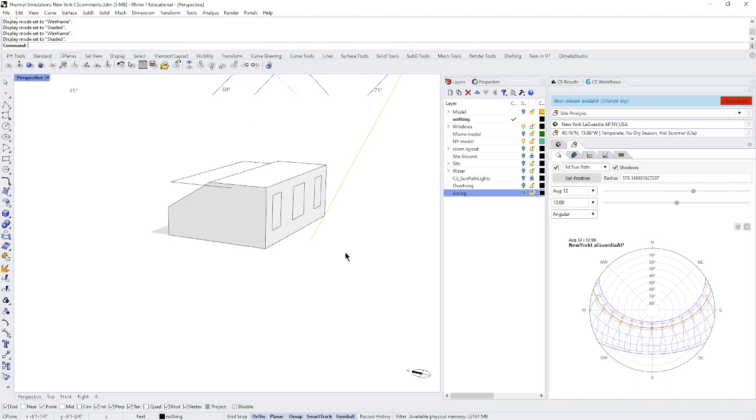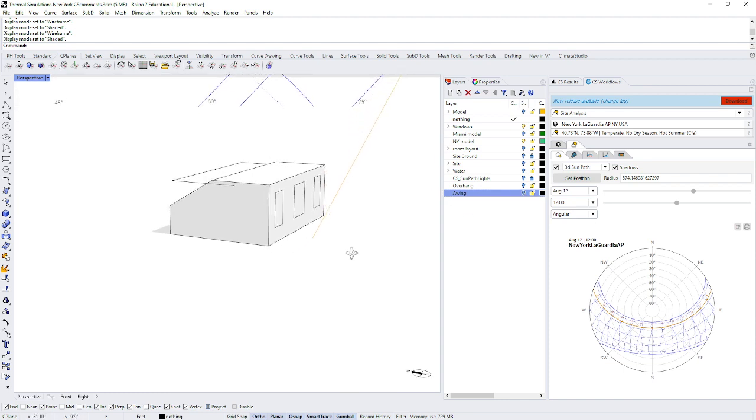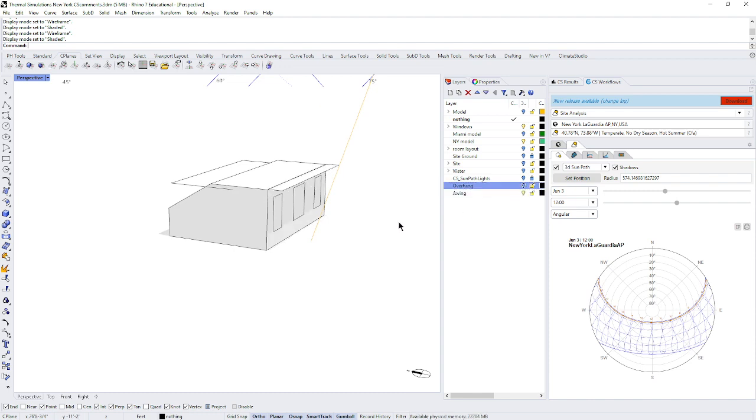I looked at your awning that you had used, and if we just turn them both off, we know that here we are in summer, and we are not getting any shade at noon in the summer. If we add your overhang, we're fully shaded in June, even though at the solstice we still are.